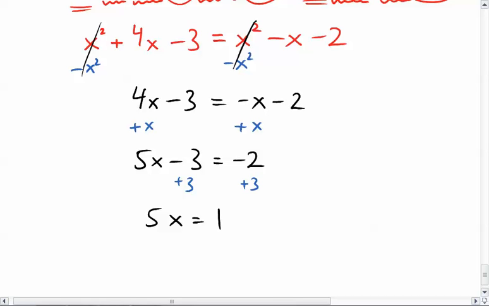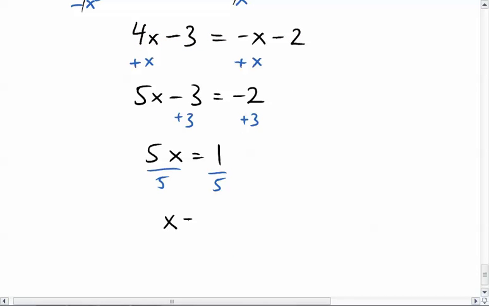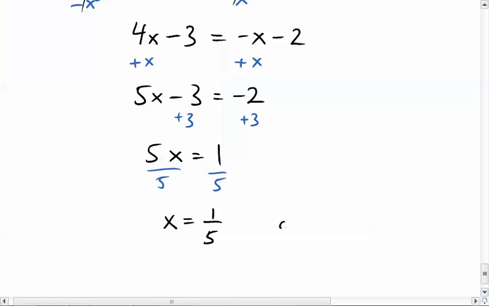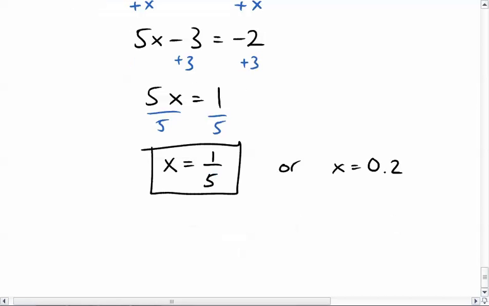Now divide both sides by 5. And you'll find that x is 1 over 5. Which in decimal notation, 1 divided by 5 is the same as 0.2. Okay, I like fractions the best, but decimals are somewhat easier for checking your answer sometimes.